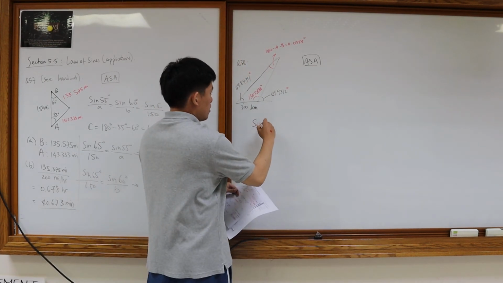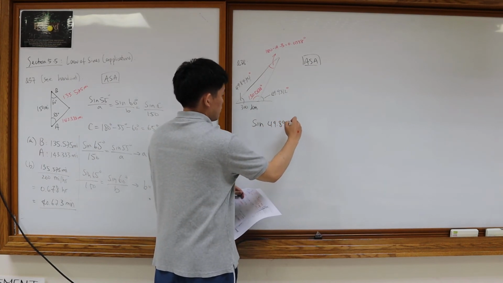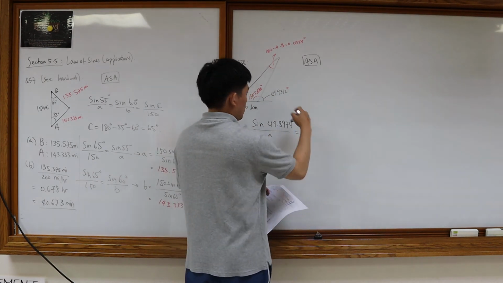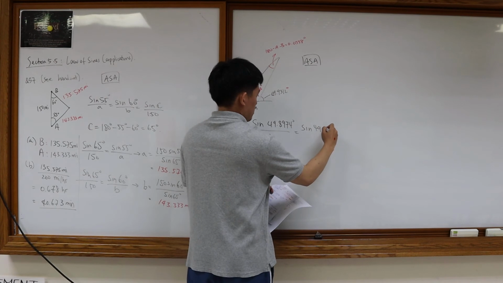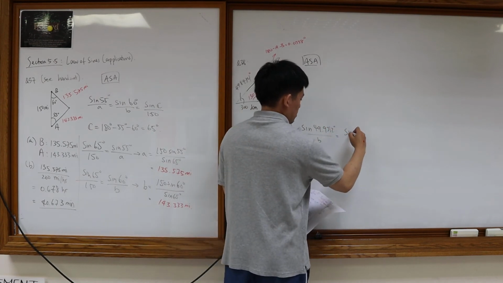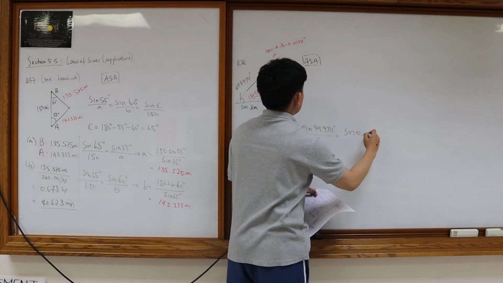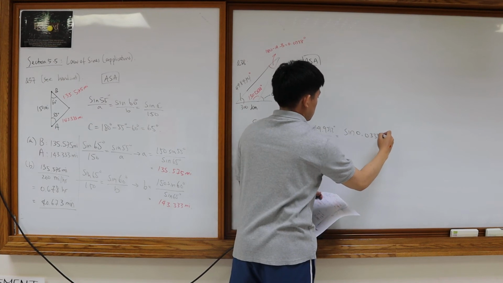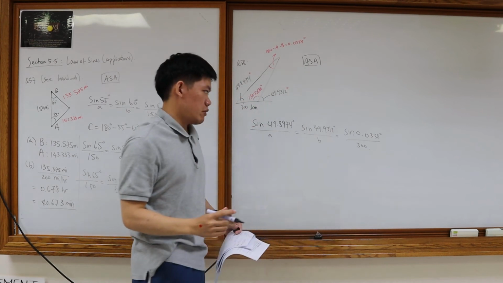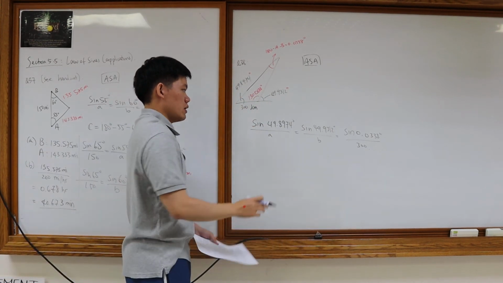So sine of 49.8974 degrees divided by A is equal to sine of 49.9312 degrees divided by B, which is equal to sine of, in this case, we already found what C is, C is equal to 0.0338 degrees divided by 300 kilometers. Okay, so now we have these relationships already set up. Now what we need to do next is solve for A and B.